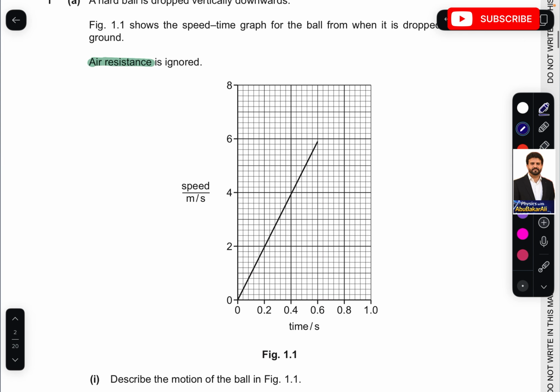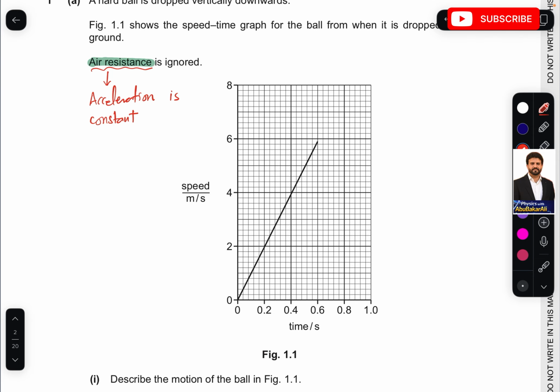Whenever you ignore air resistance, it means acceleration is constant, because there is only one force acting on it, that is equal to weight. When there is only weight acting on the object, the acceleration will be because of gravity. This can also be seen from the graph.